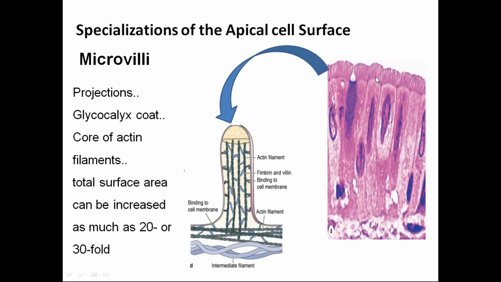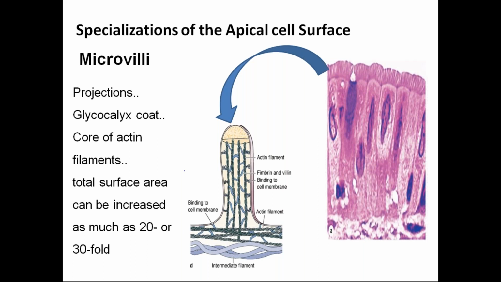These finger-like projections are actually cytoplasmic projections, covered by a glycocalyx coat, and the core contains actin. Here this core protein, actin filaments, lies vertically and transversely, and this actin filament ultimately helps to move the microvilli and increase the surface area so that absorption increases, that is 20 to 30 fold.